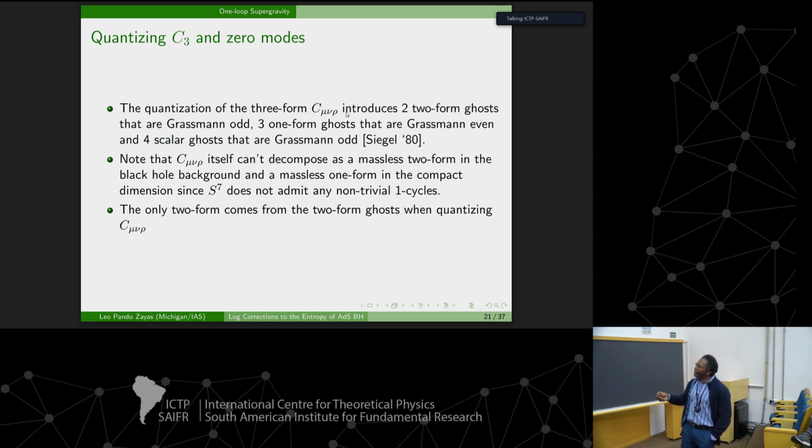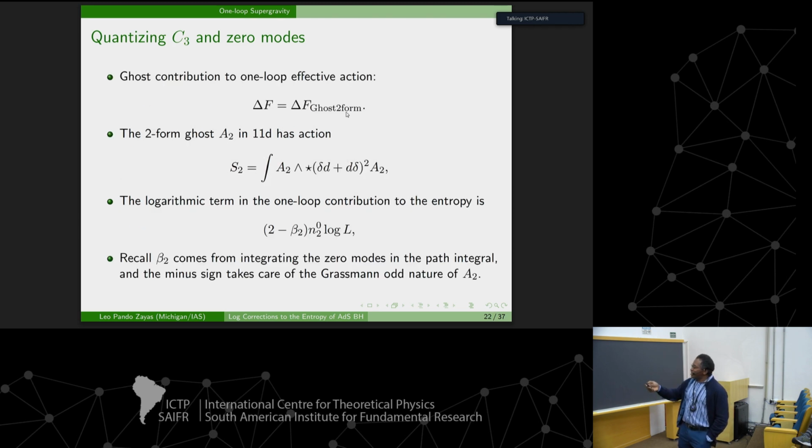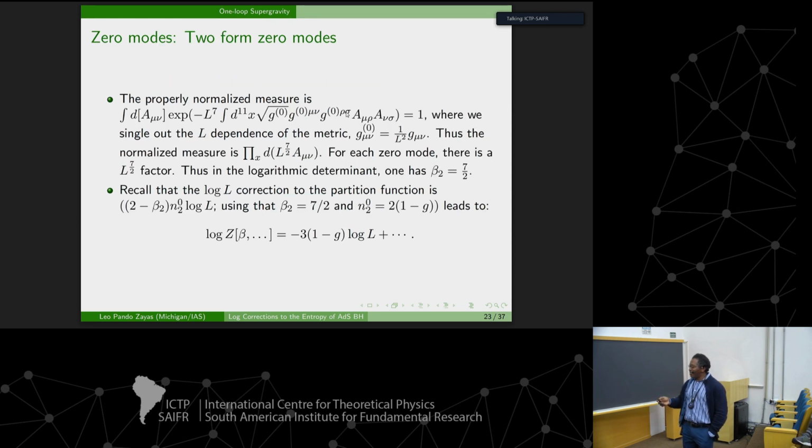But S7 does not admit a trivial 1-cycle, so the only thing that contributes is the 2-form, because that's the only zero mode that really remains in this background. So here's, again, very briefly, what Siegel tells me to add if I am quantizing a 2-form. Again, this 2-form was needed for quantizing the 3-form of 11-dimensional supergravity.